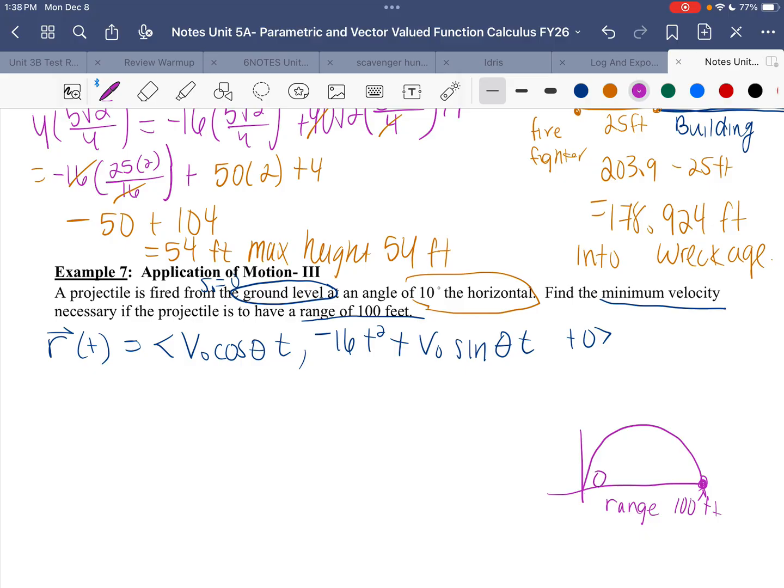We have a 10 degree angle, and we need to figure out our initial velocity to make that happen, the minimum initial velocity. At range, the height would be 0. So we're basically saying negative 16t squared plus V naught sine 10 degrees t should be equal to 0.